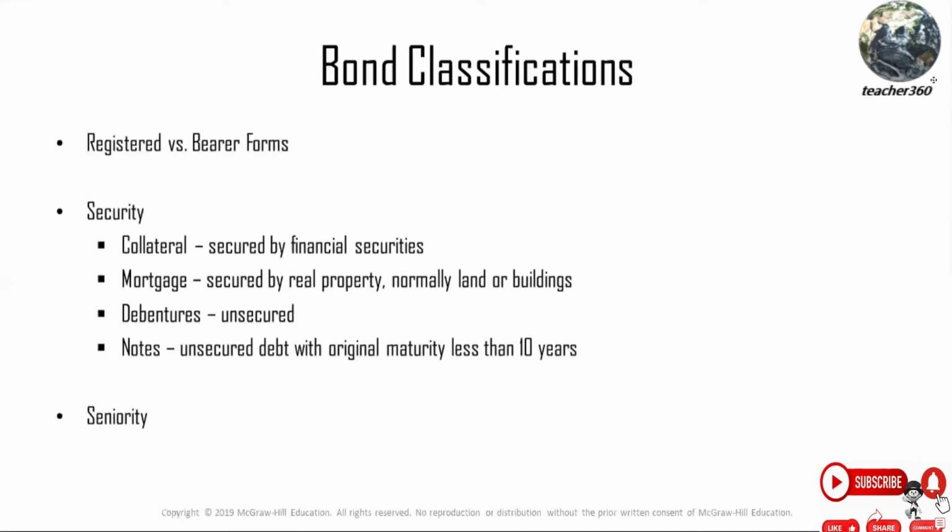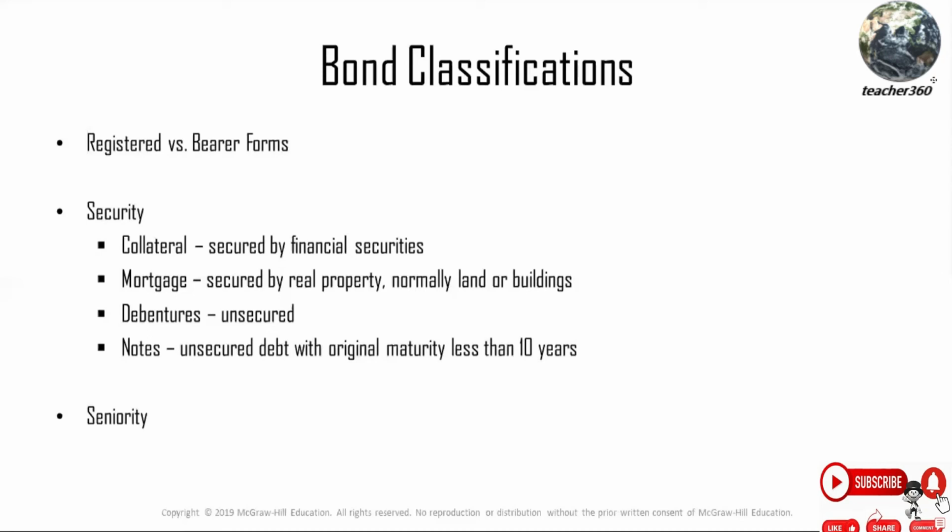This is the reason bond interest payments are commonly referred to as coupons. Obviously, bearer bonds are much less secure than registered bonds. Lost or stolen bearer bonds cannot be replaced, as no records exist of the owner's identity.